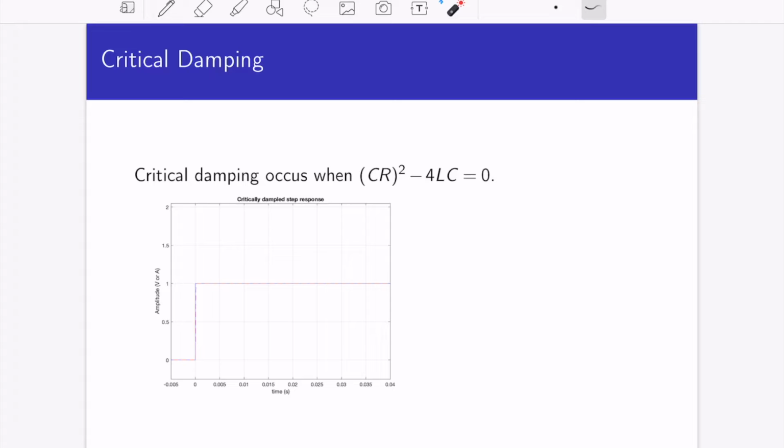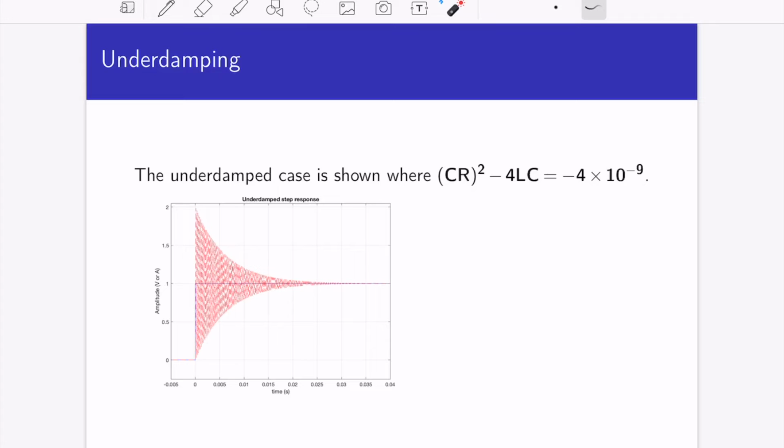So here's a graph showing critical damping when CR quantity squared minus 4LC is equal to 0. You can see that the output follows the input very closely. The underdamped case occurs when the value CR quantity squared minus 4LC is negative. In this case, we've plotted the case where it's equal to negative 4 times 10 to the minus 9th.